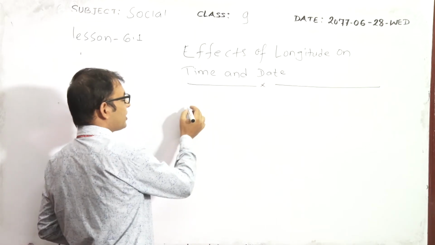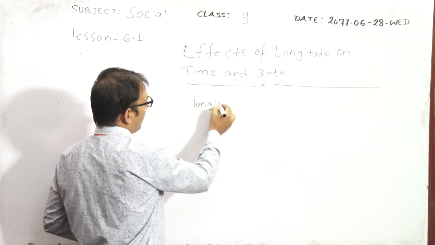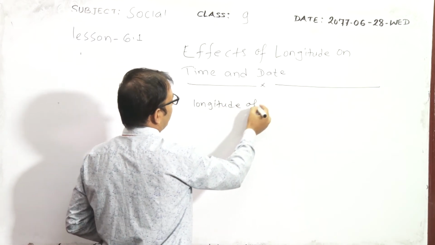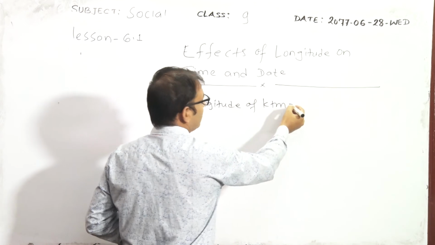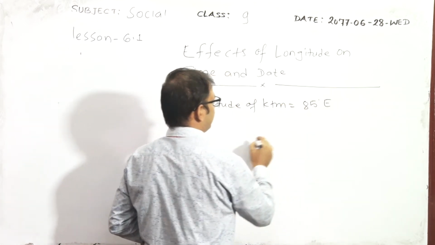So, from this question we come to know that the longitude of KTM is equal to 85 degrees east.